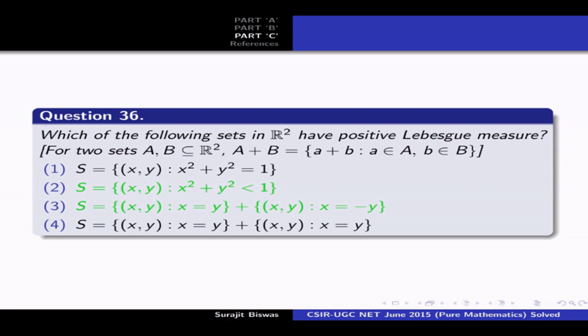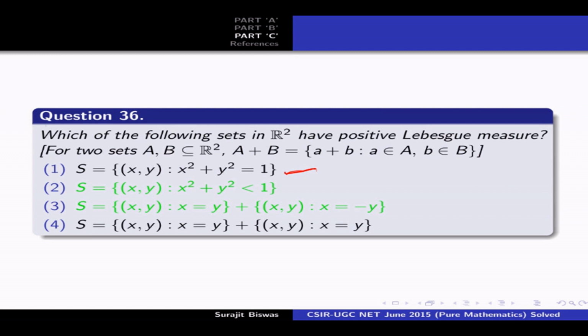Which of the following sets in R2 have positive Lebesgue measure? Four sets are given. The first one is the unit circle, the second one is the open unit disk, and the third one is the set x equal to y plus the set x equal to minus y.